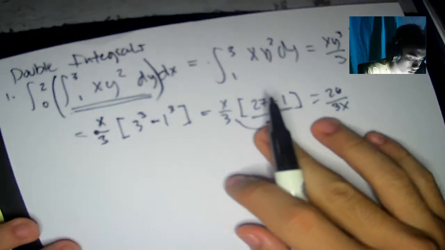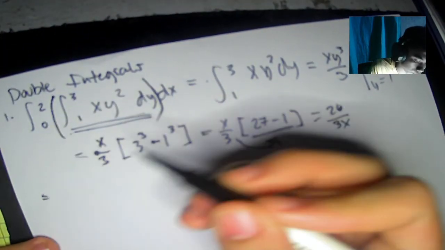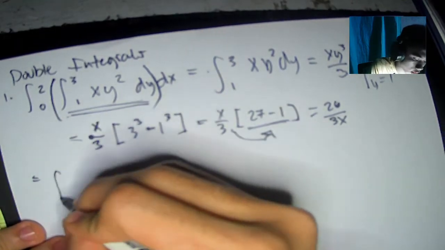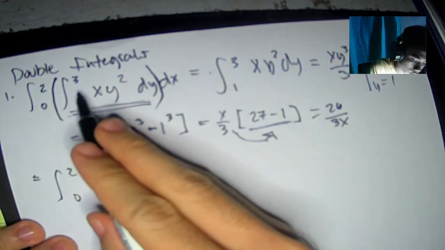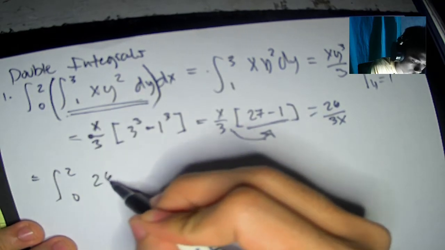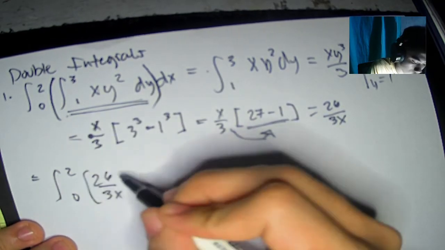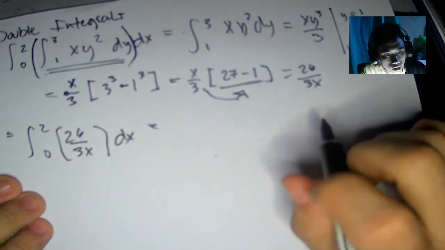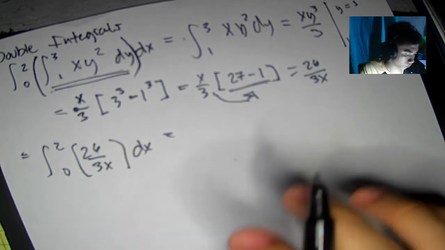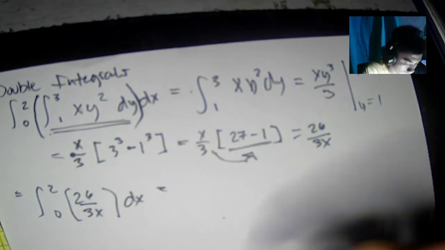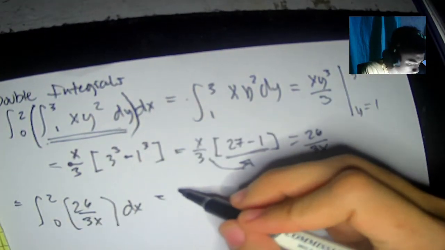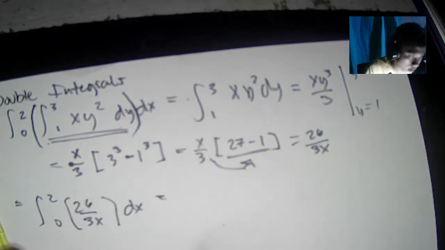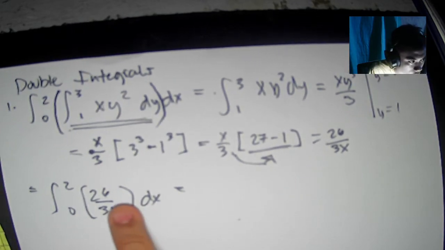So next, because you already did this middle part, you can actually put it now. So what is this part? It is 26 over 3x dx. Yeah, that's it. In this case, we can now integrate. Let's put aside the 3 here, and just put a finger on the x.